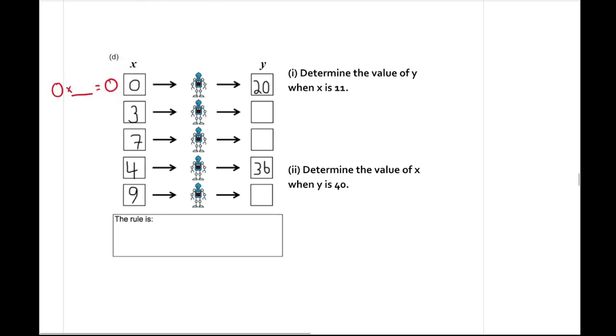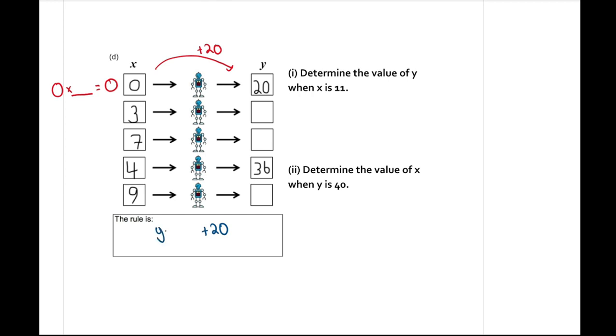So that's helpful, because if I think of my pattern, I need to at least add 20, because 0 multiplied by something is 0. So I've taken care of my multiplier. The only way I can get 20 is if I add it. So I need to add 20. So I know from my rule, I'm going to add 20 at the end.